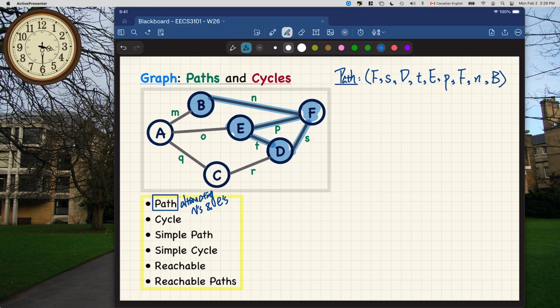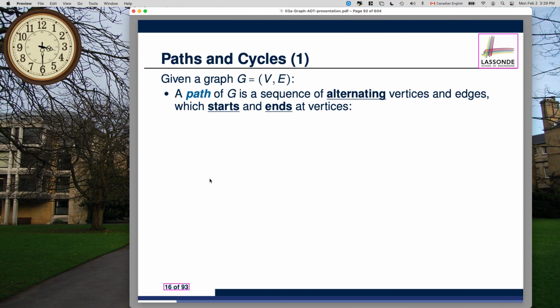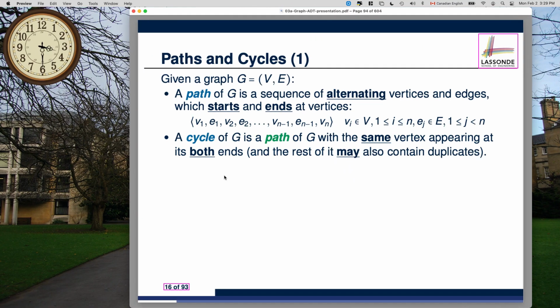However, let's now also talk about cycle right away. What's a cycle? A cycle is basically a path. However, that path has very specific requirements. First of all, in order to be a cycle, the beginning and also the end vertices of the path should be the same. In the middle, we may or may not have more repeating vertices. That's what the definition says. But let's see a few examples.